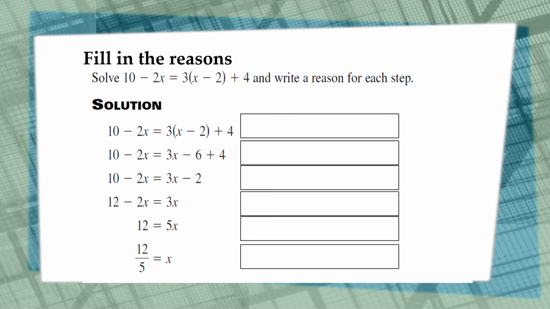Okay, so I have up here the equation 10 minus 2x equals 3 times x minus 2 inside parentheses plus 4. So you need to solve it step by step and give the reason for each step.